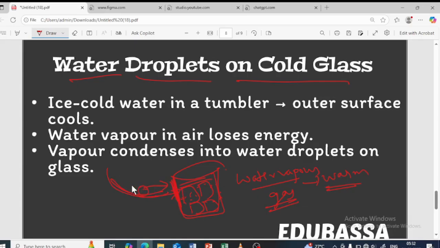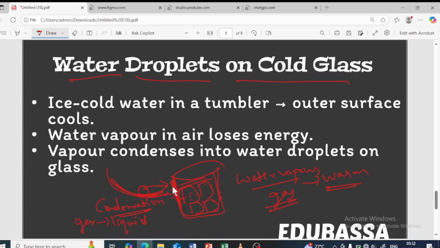The water vapor which is present in the air will lose the energy, and the process of condensation is going to take place. Condensation you have already learned, isn't it? Condensation is nothing but the conversion of the gas into liquid state, right? So the water vapor is the gas.